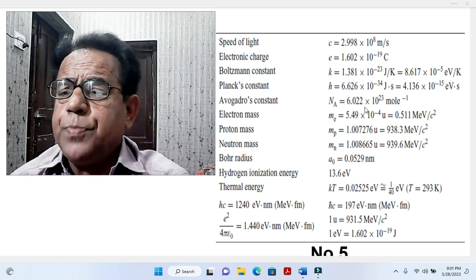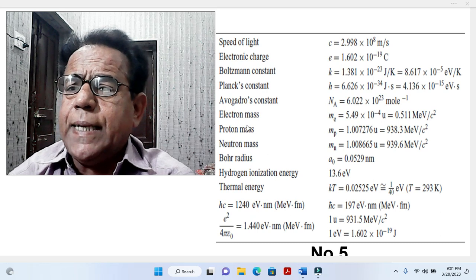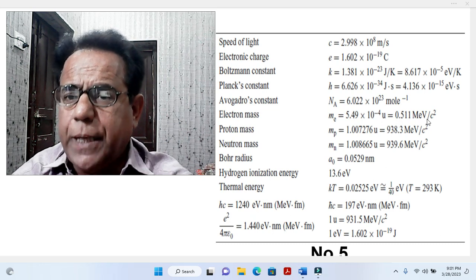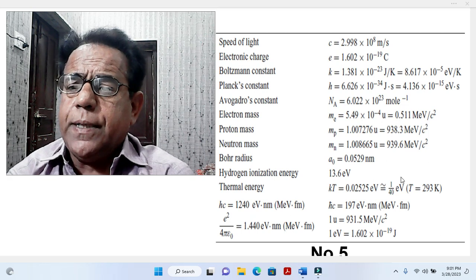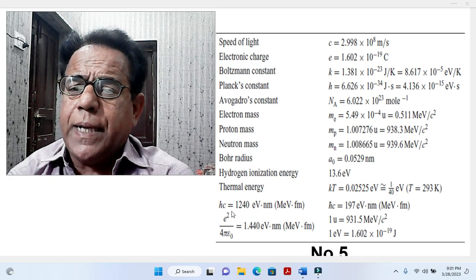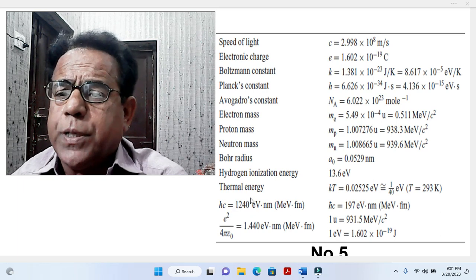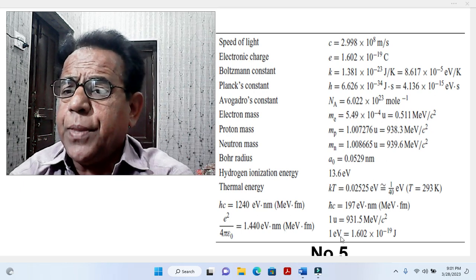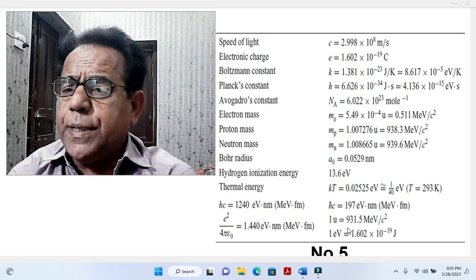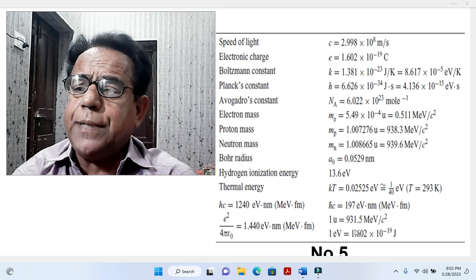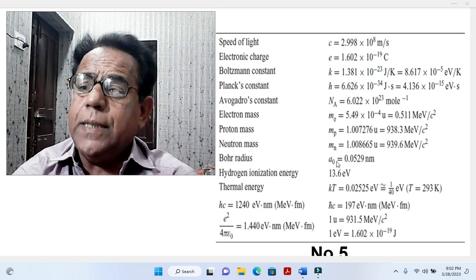Moreover we will take electron mass 0.511 million electron volt over c square. We may also take the combined effect of h and c, Planck's constant and speed of light. Moreover one atomic mass unit is equal to 931.5 million electron volt over c square. This expression is very, very important in this problem.